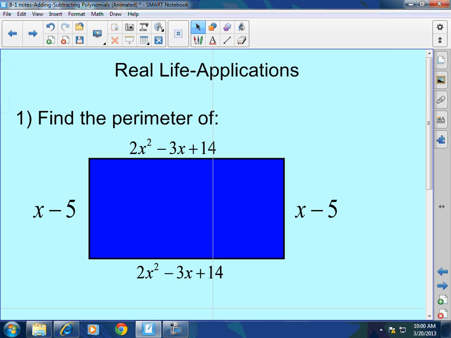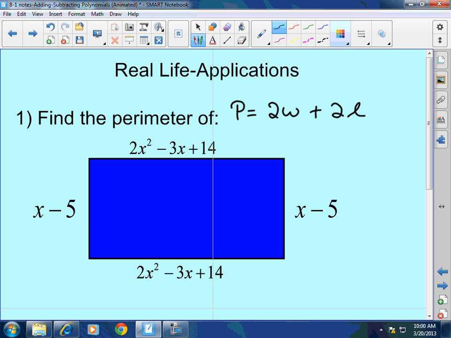Now, does anyone remember, we've gone over this before, the formula for the perimeter of a rectangle? Yes, sir. Very good. Perimeter equals 2 times width plus 2 times length, right? Now, we haven't learned how to multiply these yet, correct?